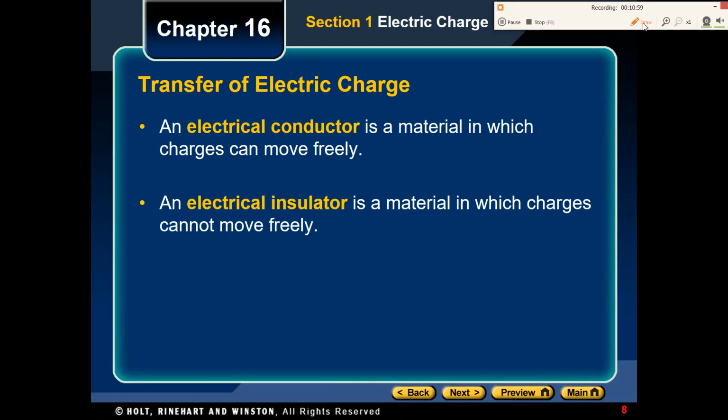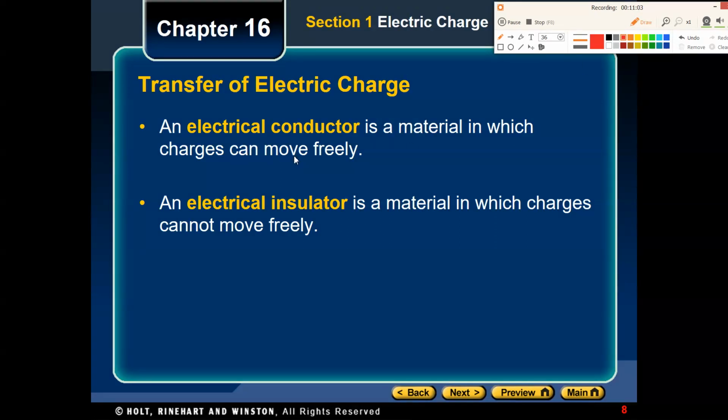Right, so we know there's two kinds of materials. One is a conductor and one is an insulator. Conductors, most metals, can conduct electricity and heat. Insulators are things like rubber, plastic, wood, most non-metal stuff.